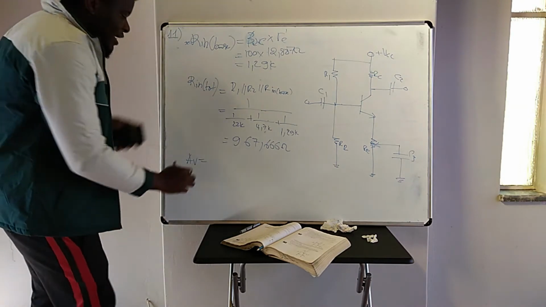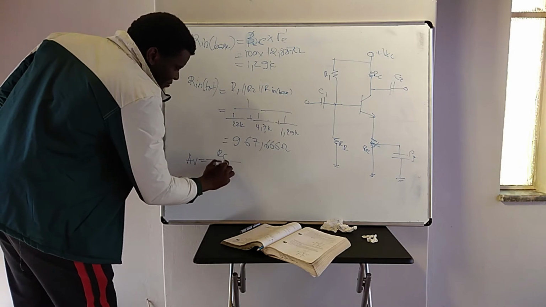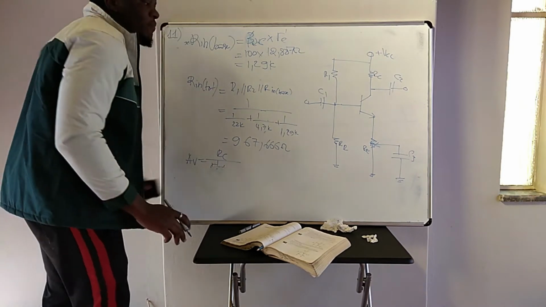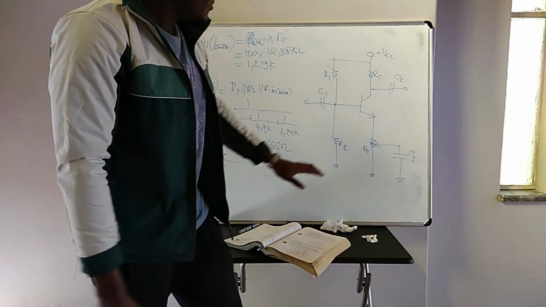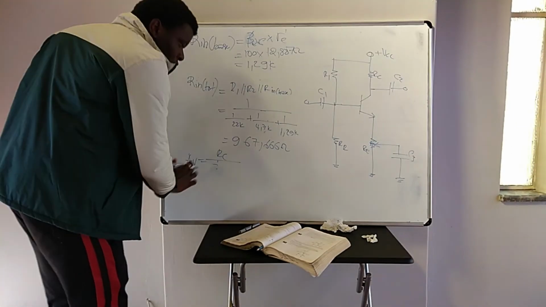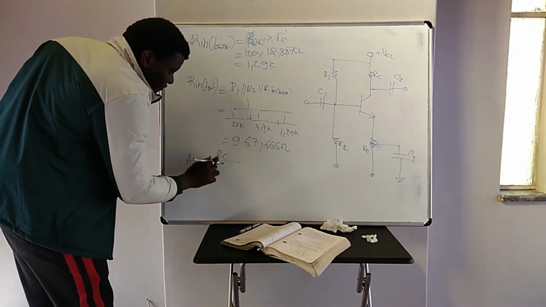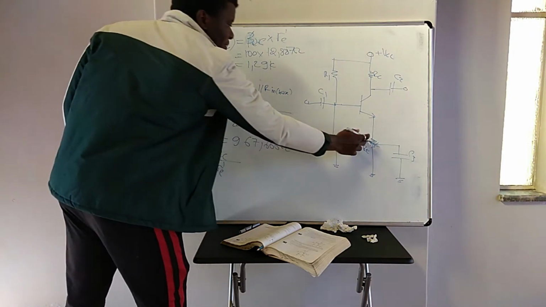So the voltage gain now will be what? RC over R accent E plus, no, now we don't have plus RE because we have a bypass capacitor here. We're going to have only R accent E. So we bypass RE here.